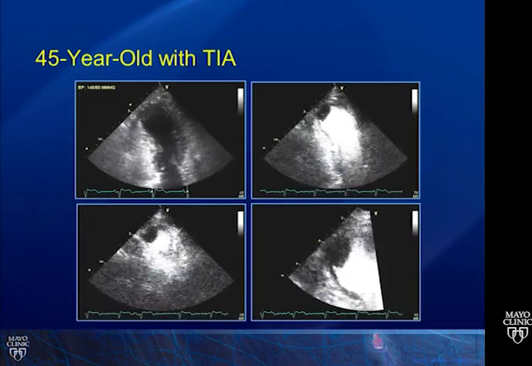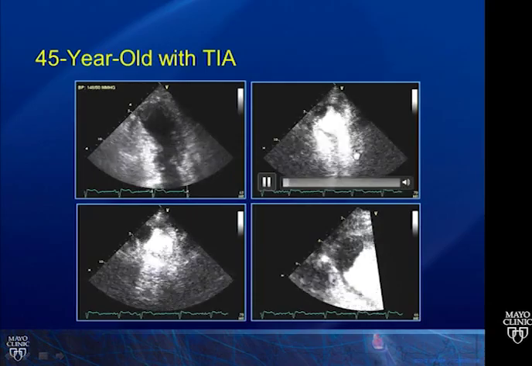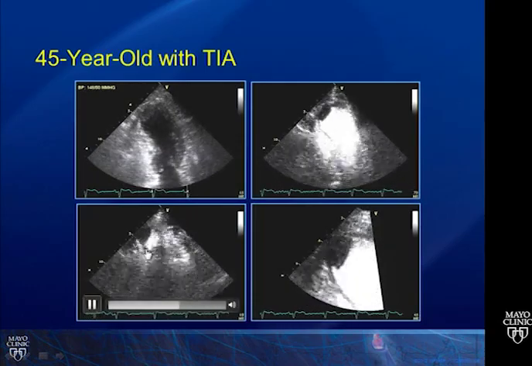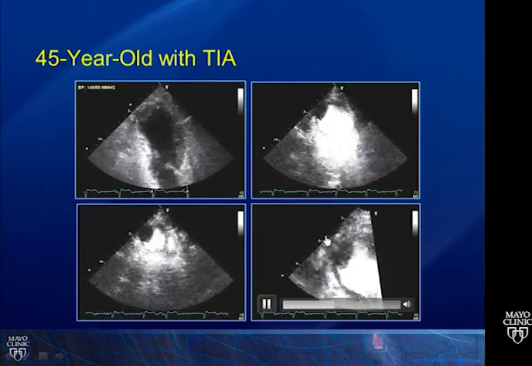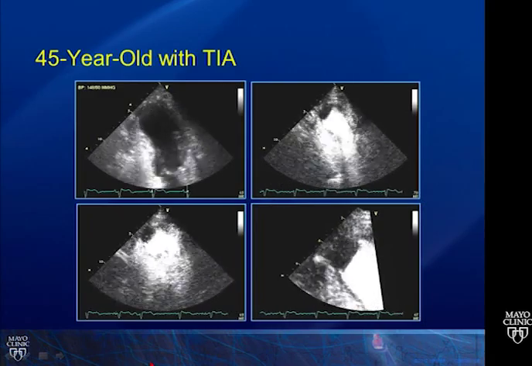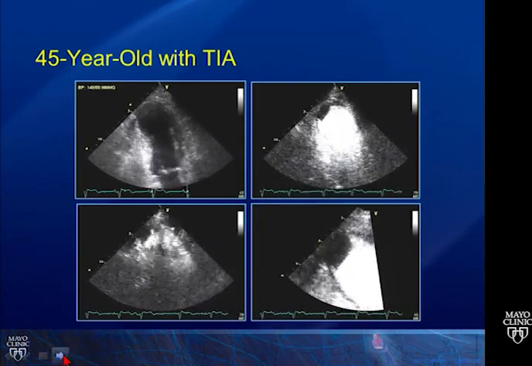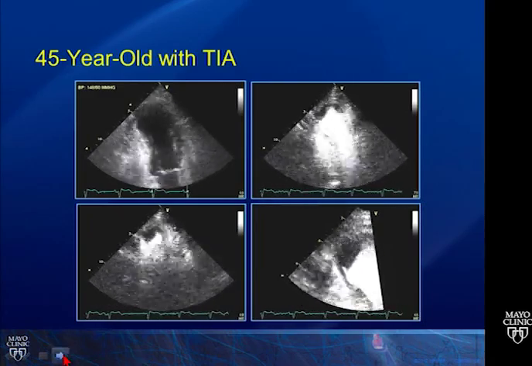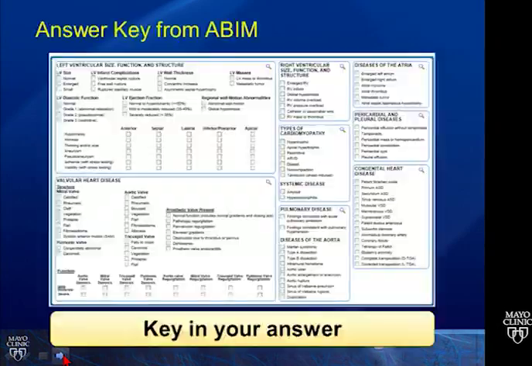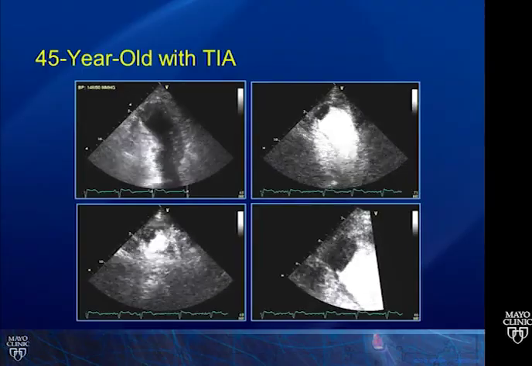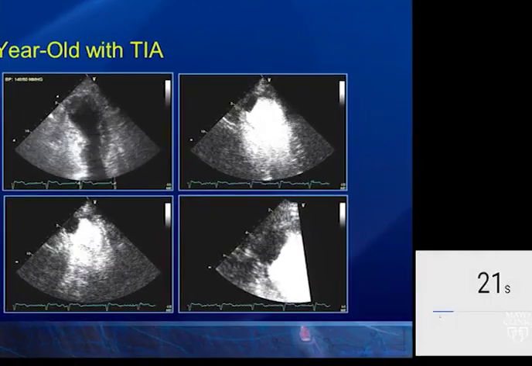So we have a picture of the LV here, a short axis here, and then a zoom view of that short axis. Let's go ahead and key in your thoughts now, and I'll give you back the images so you can see them while you're keying in.